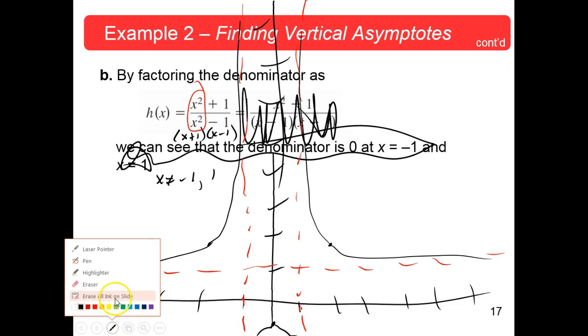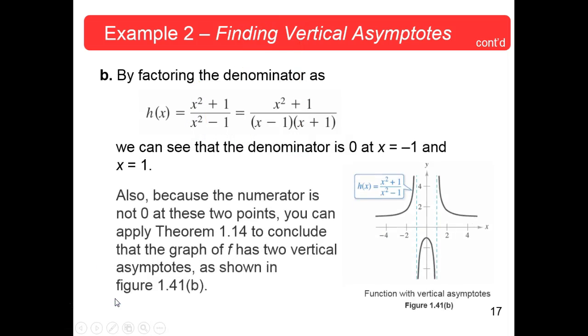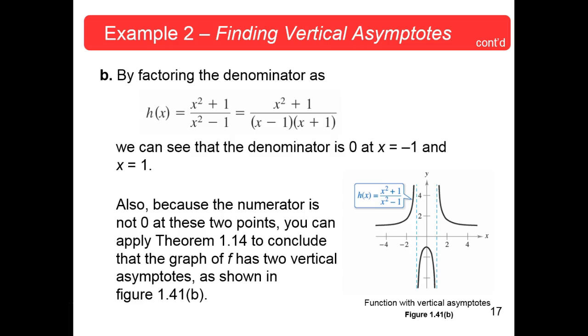I'll erase my scratch here. And, yep, same reasoning. We can see that the denominator is 0 at x equals -1 and +1. The numerator is not equal to 0 there. The numerator is always positive, so it will not have an x-intercept.